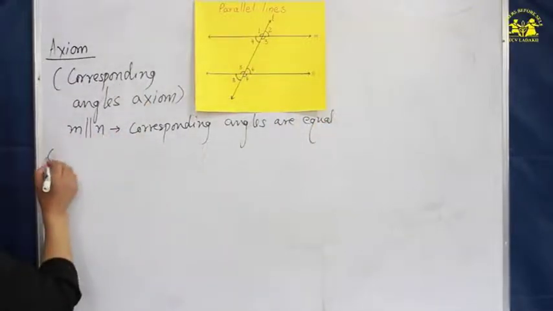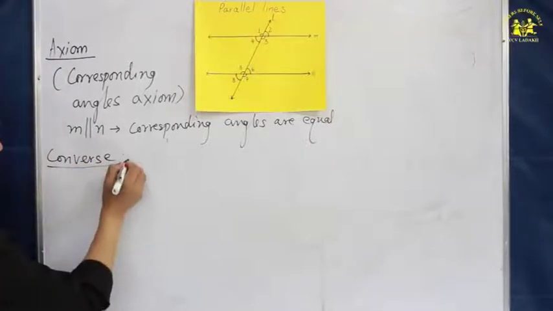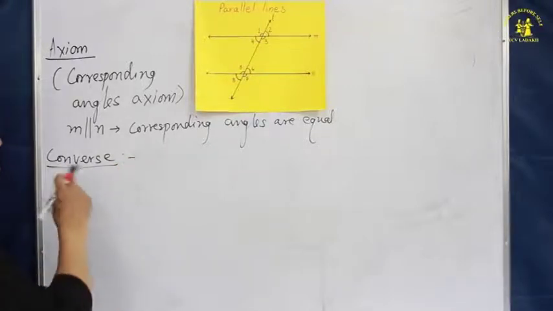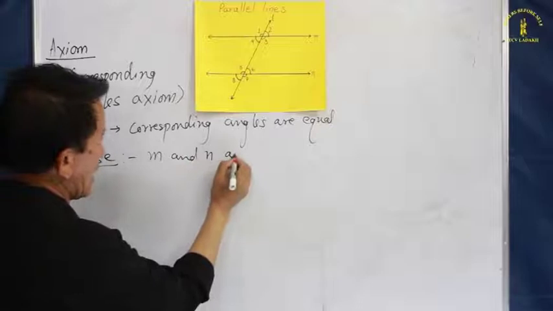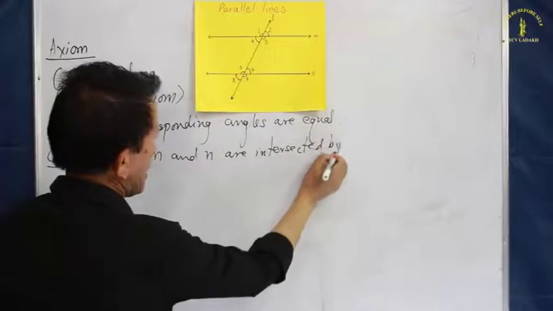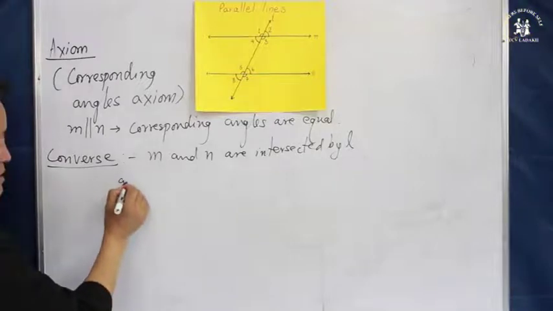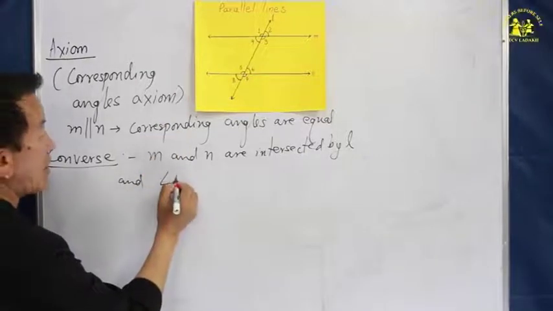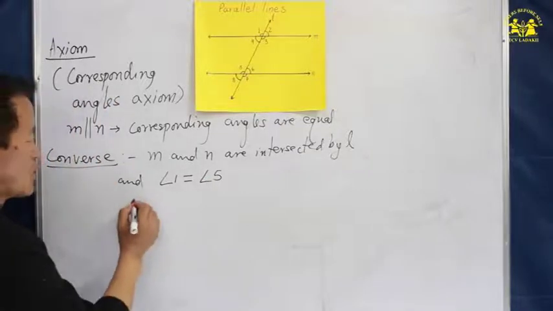And the converse of this axiom: we will not state that the two given lines are parallel, but if two lines, M and N, are intersected by a third line, say in this case L, and a pair of corresponding angles are equal, so let's take angle 1 is equal to angle 5, these are a pair of corresponding angles, then what can we conclude?